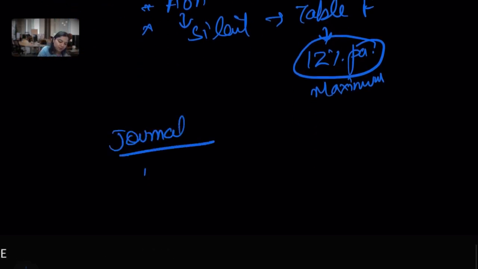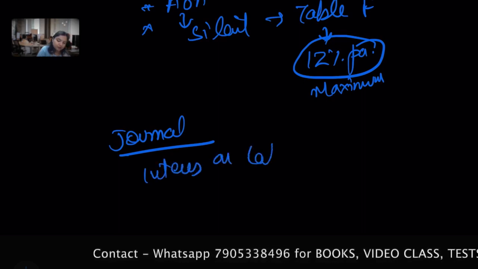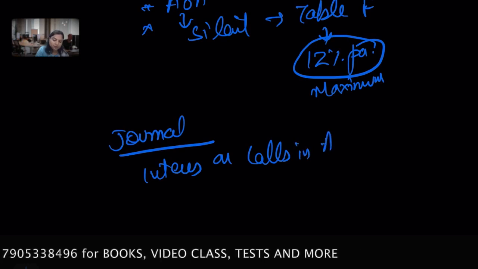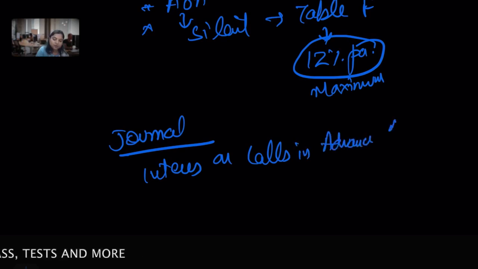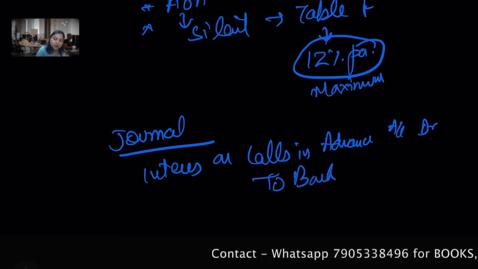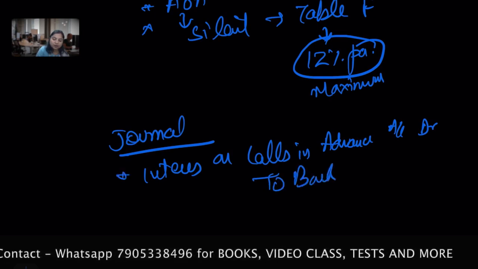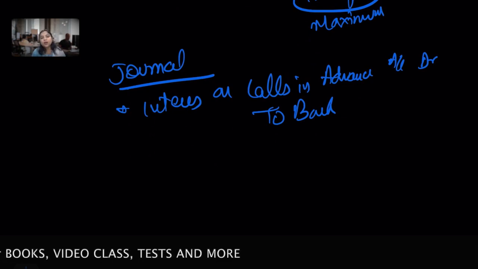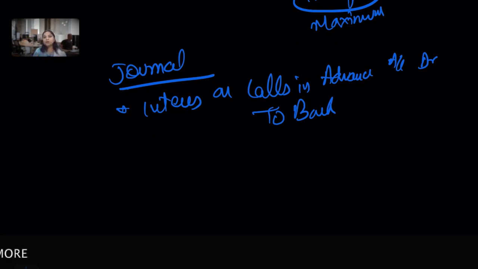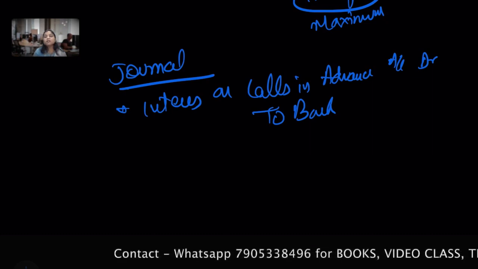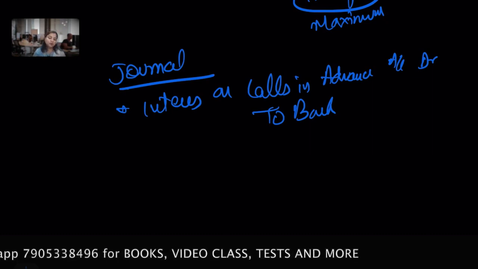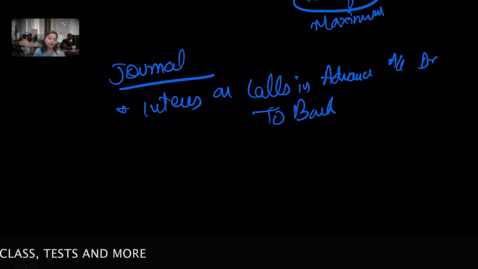So interest on calls in advance account debit to bank, because my pocket is getting lighter and I am paying that amount. If it is paid in any other non-monetary form, you can credit the shareholder instead.